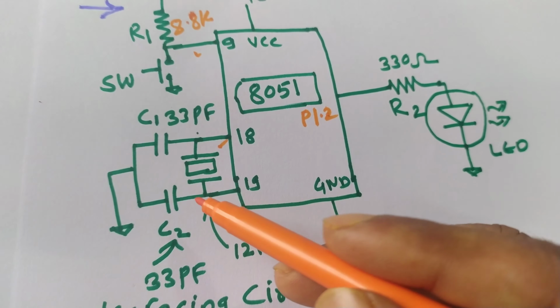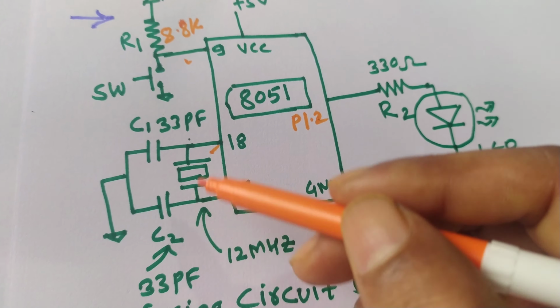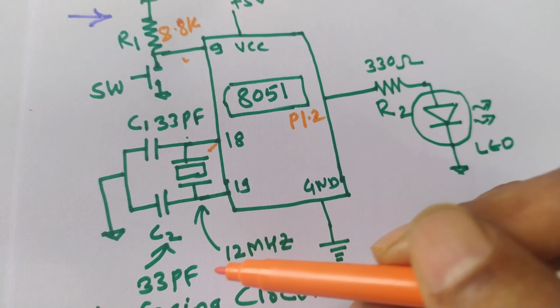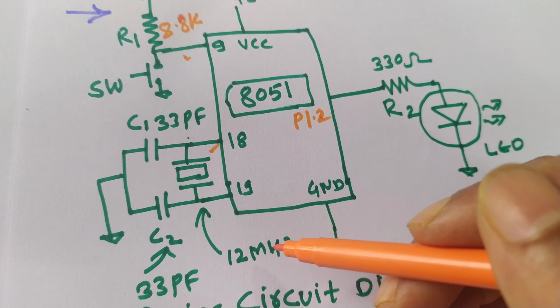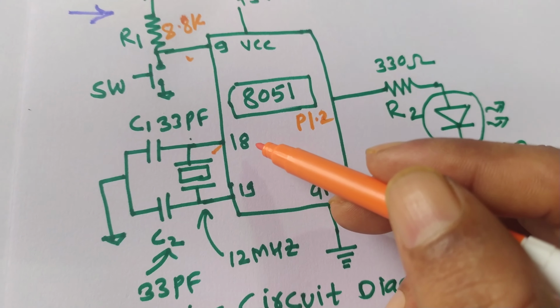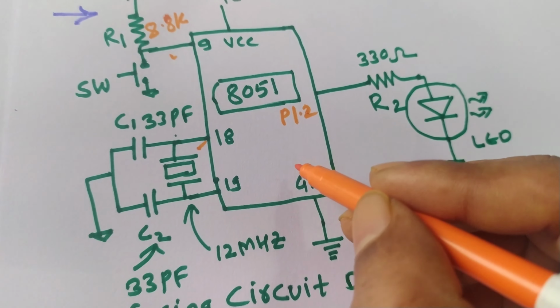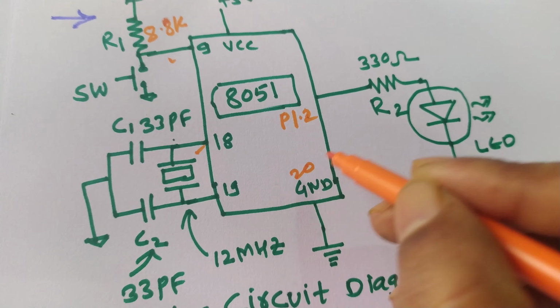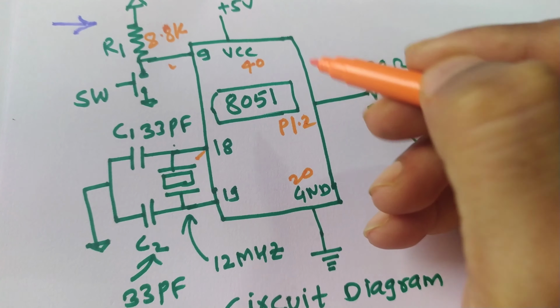Now this is the crystal, 12 megahertz, and C1 and C2 are 33 picofarad capacitors, recommended by the manufacturer. We connect the 12 megahertz crystal to pin number 18 and pin number 19. Pin 20 is the ground, and pin 40 is the VCC, where we connect the power supply.